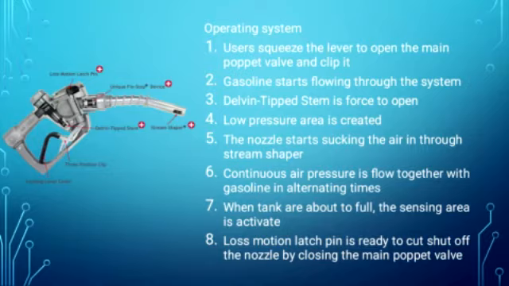When tanks are about to be full, the sensing area is activated. And the last step, lost motion latch pin is ready to shut off the nozzle by closing the main poppet valve.